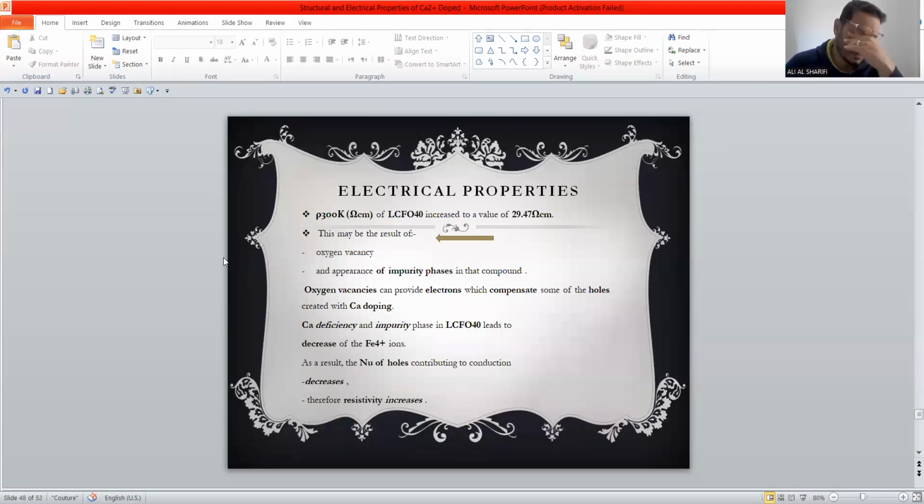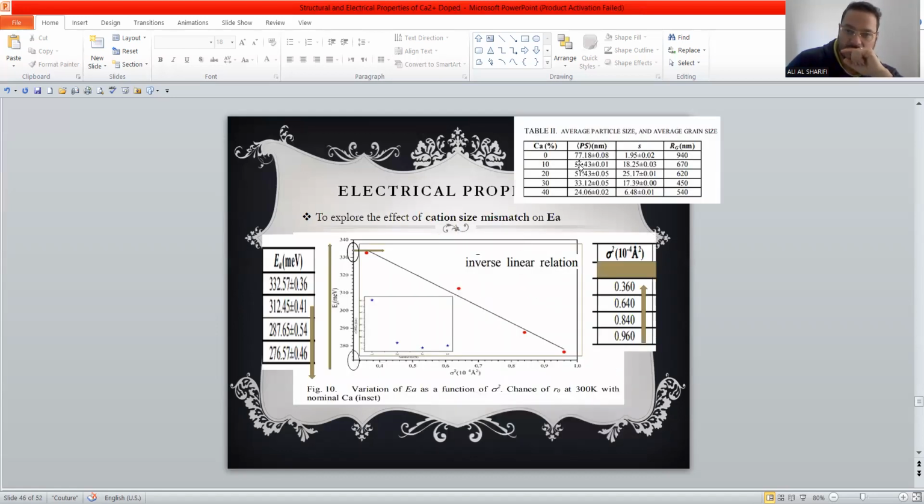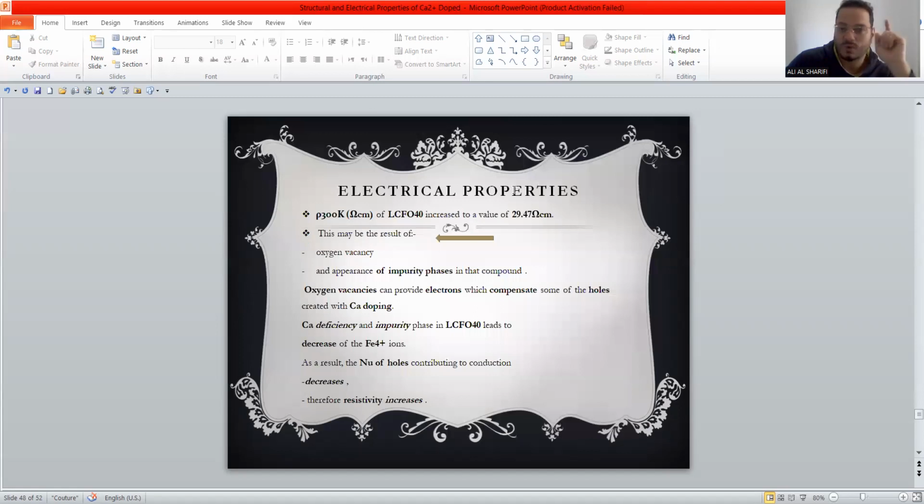Now talking about resistivity at room temperature. This compound increased to the value 29.47, like I explained before, by using the column. Talking about the jump between the results here, the first one, 29.47 centi-ohm.